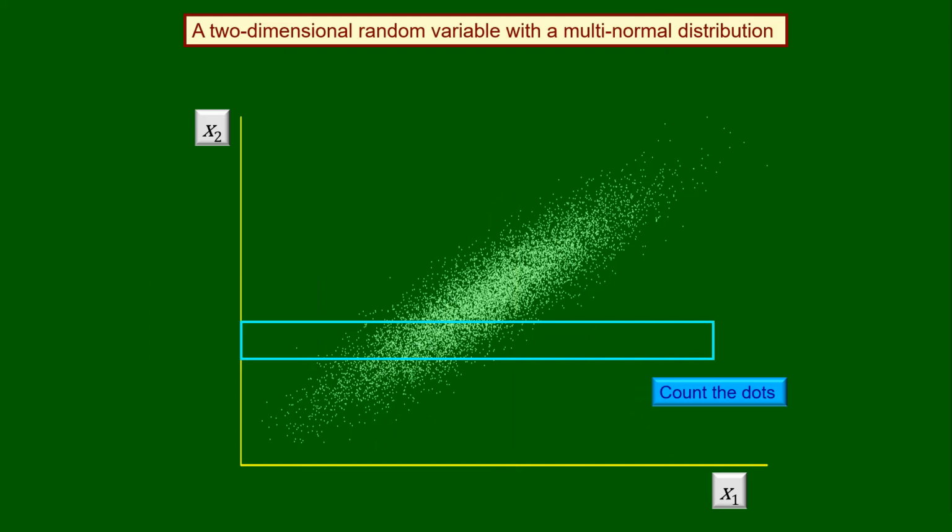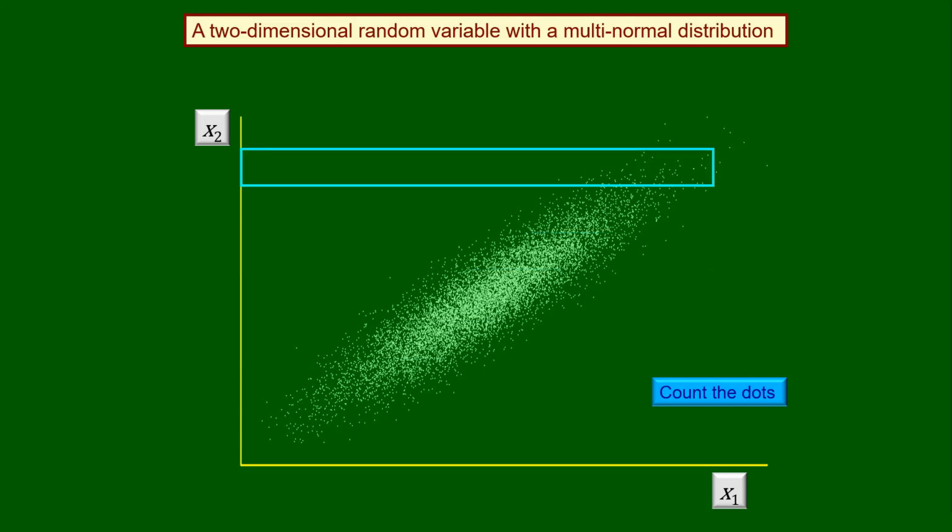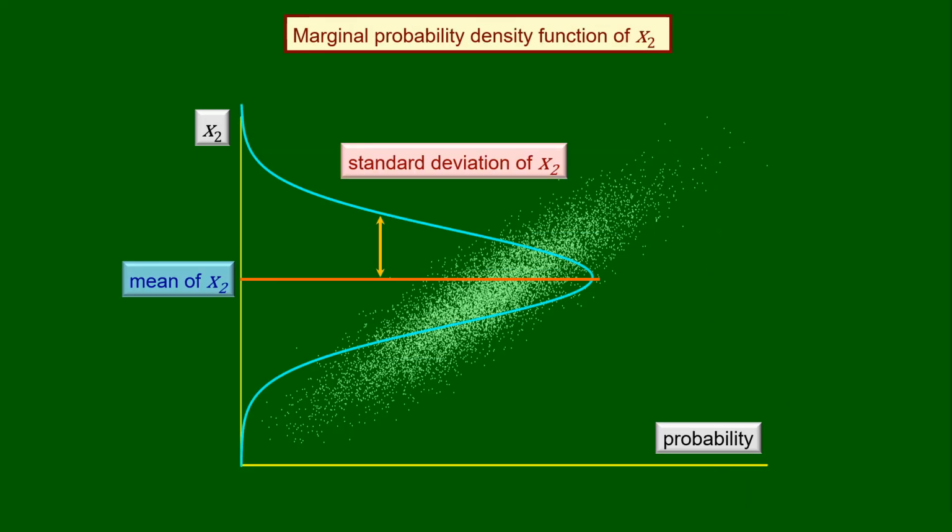We can do the same to come up with the marginal probability density function for the x2 variable. Once again, I count the dots. Come up with the marginal probability density function of x2, characterized again by the mean and the standard deviation of x2.